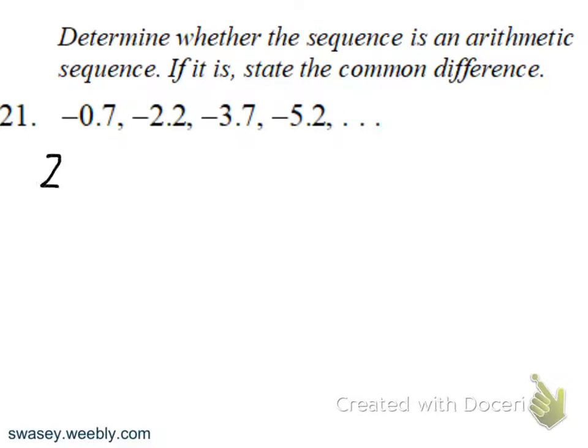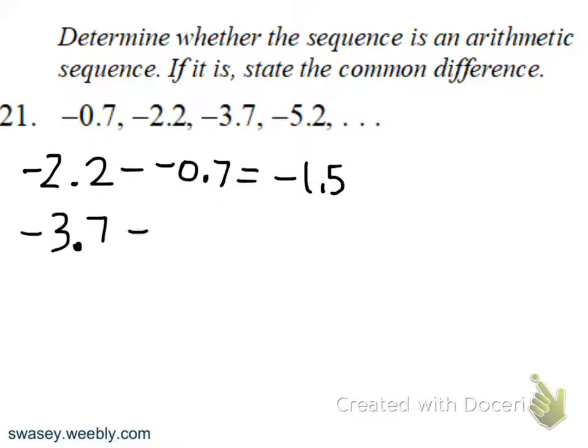Here we'll take the second term, negative 2.2, subtract the first term, negative 0.7, and we get negative 1.5. Next, we'll take negative 3.7 minus a negative 2.2. We get negative 1.5.